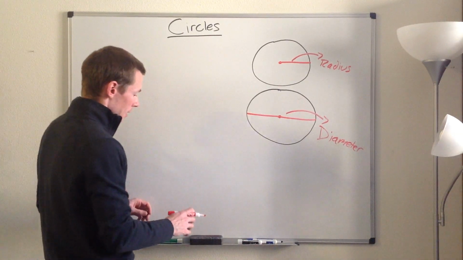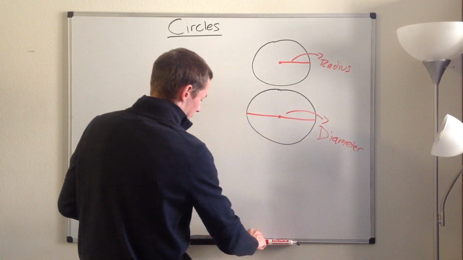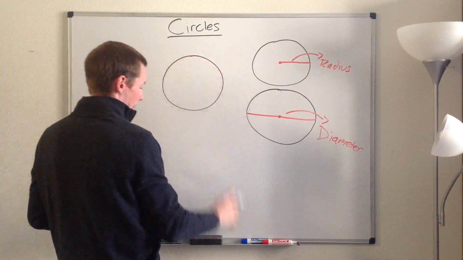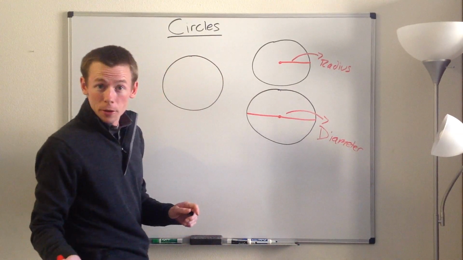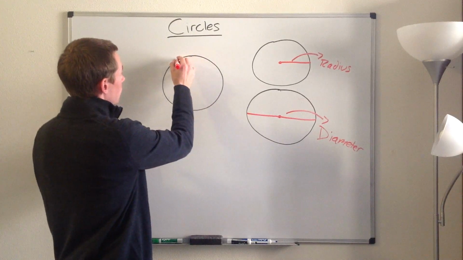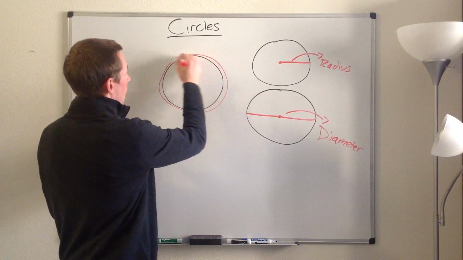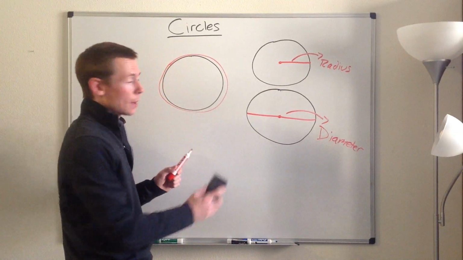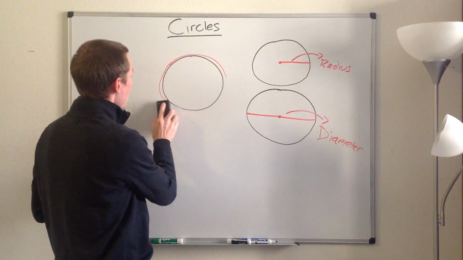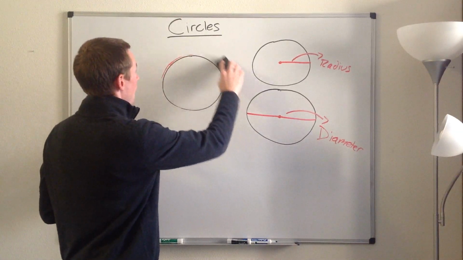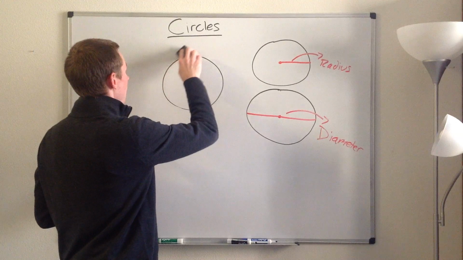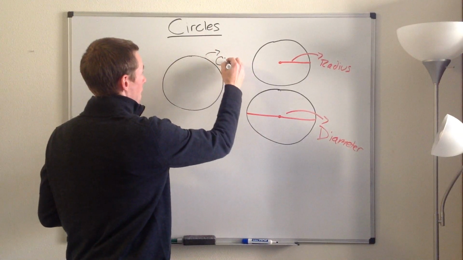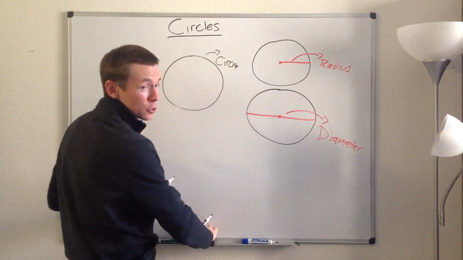The other aspect is the circumference. And so the circumference is all around the circle. So I'm going to erase the red right now. Excuse me, circumference.